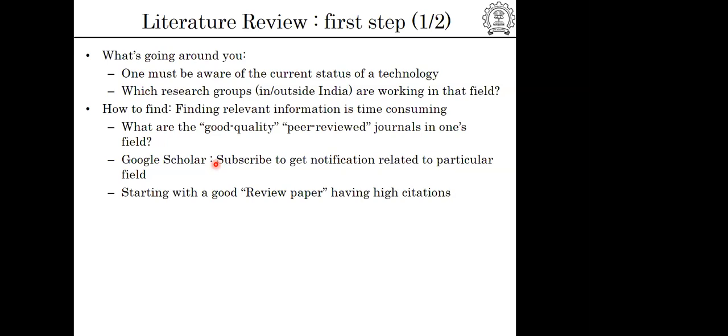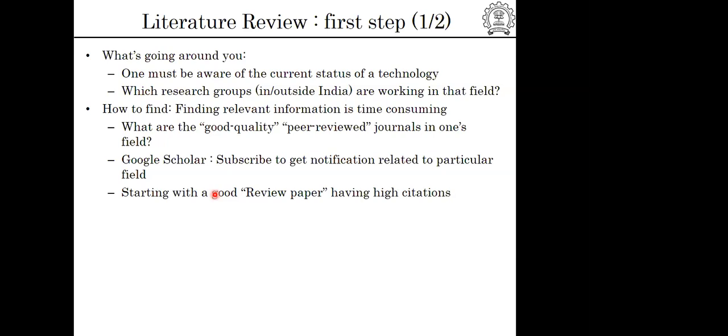In order to carry out any kind of literature review, my recommendation is to first start with a good review paper. A good review paper is one in which an author has accumulated all the prior publications in that particular domain.